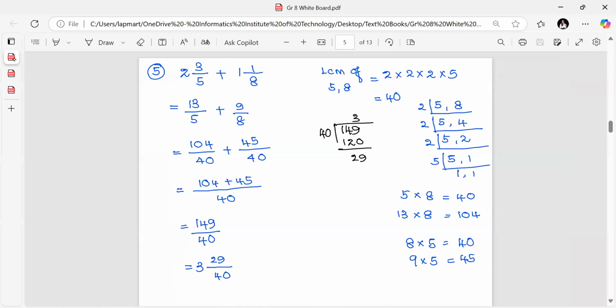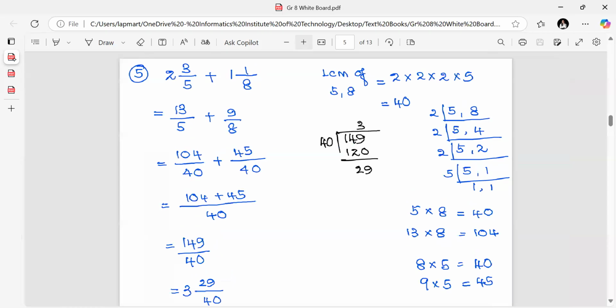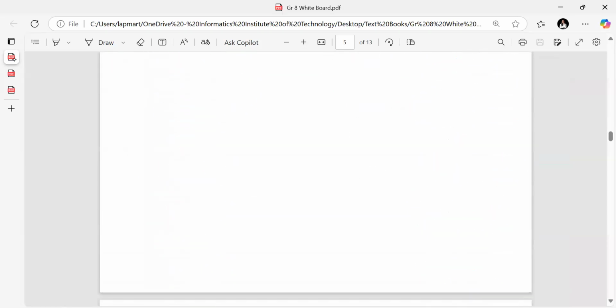What you can do, go to your theory book and put the date. So what's the date today? It is 7th of August, 2025. You put the date, right?